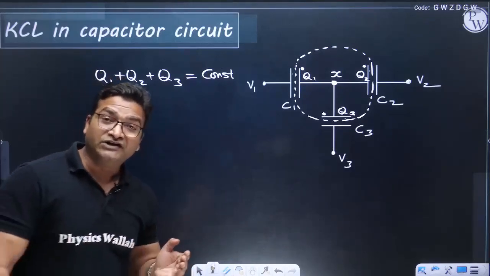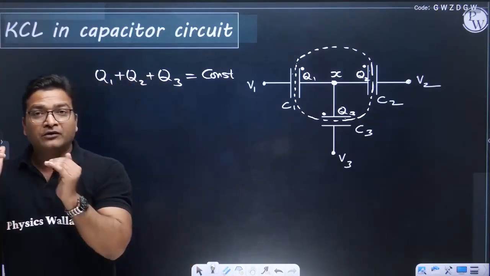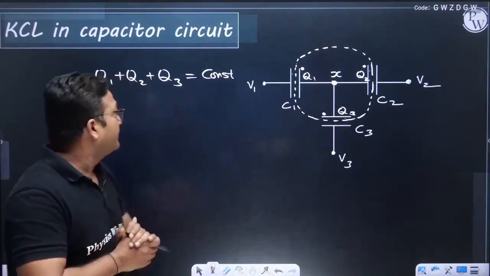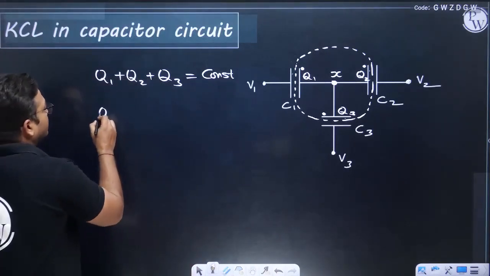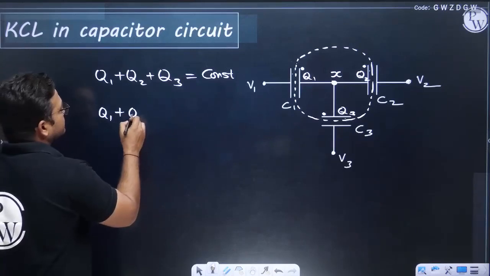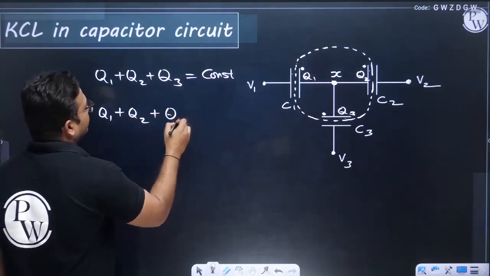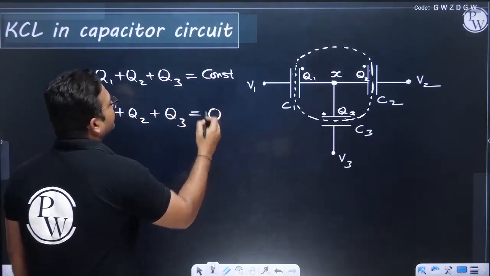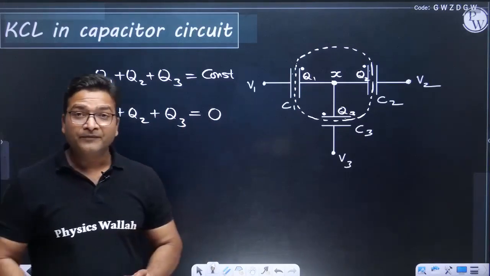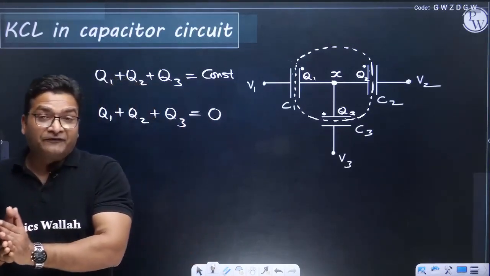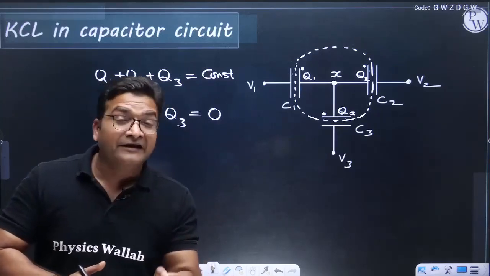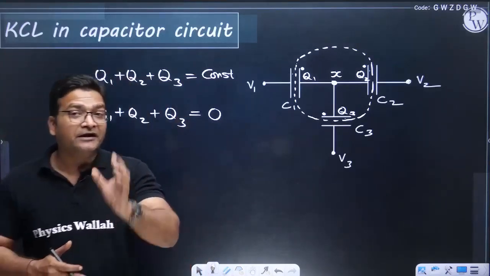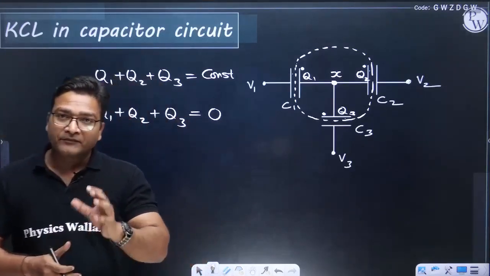And if it is 0 initially, it will remain 0 for all the time, right? So you can say Q1 plus Q2 plus Q3 will remain 0, if it is not specified that a few capacitors had initial charge in the beginning of the circuit.